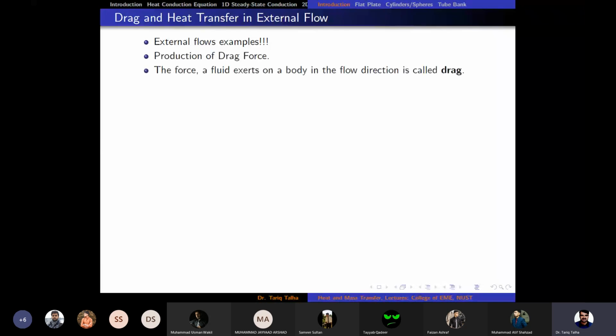And then what is a drag force? Drag force is the force a fluid exerts on a body in the flow direction. That is the important thing. It is the force exerted by the fluid on a body, and then an equal and opposite force is exerted on that fluid by that body by virtue of Newton's third law of motion.